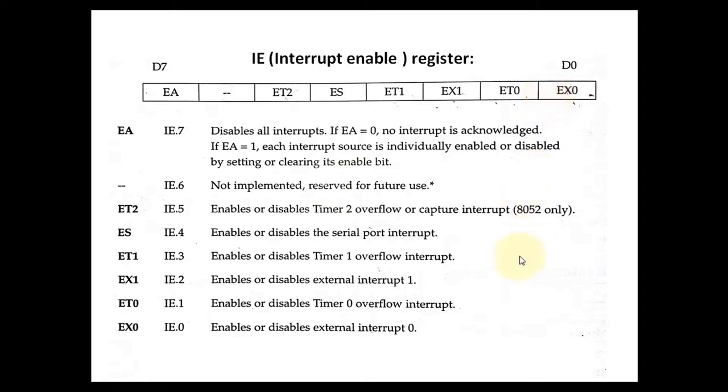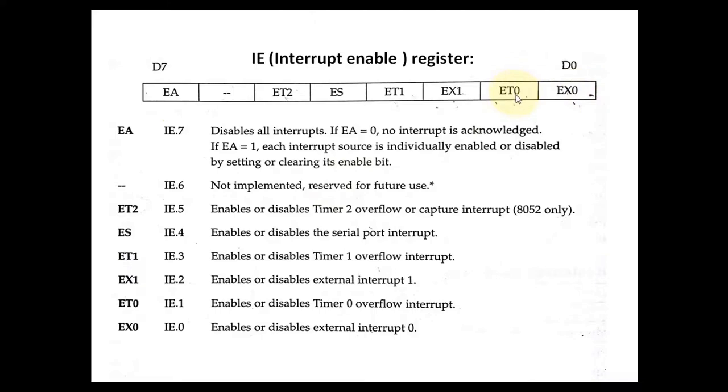Now there is one register called the interrupt enable register. This register is responsible for enabling and disabling the particular interrupt. EX0, external interrupt 0. If it is 1, then it is enabled. If it is 0, that means it is disabled.